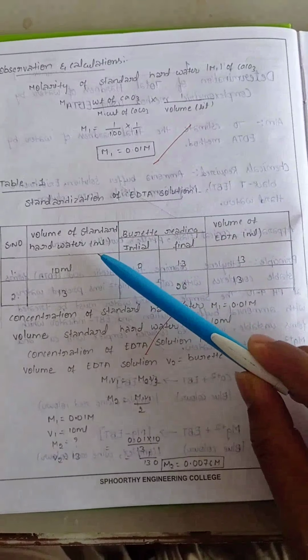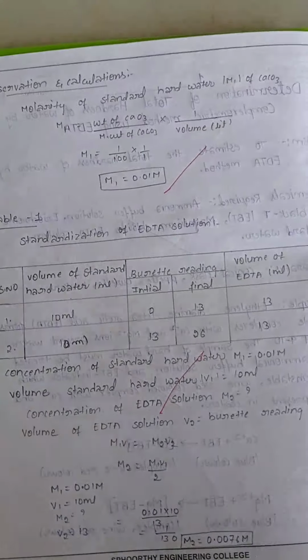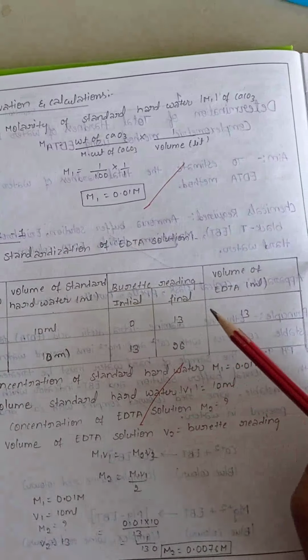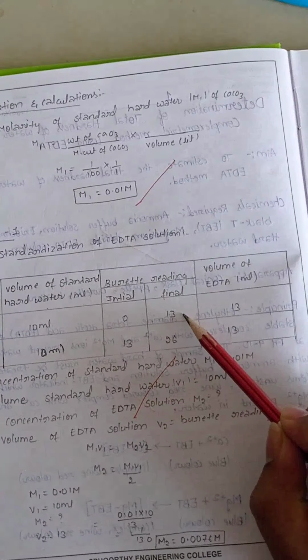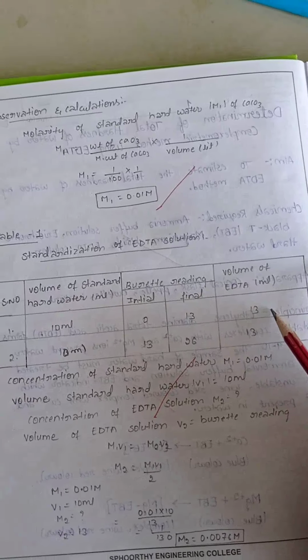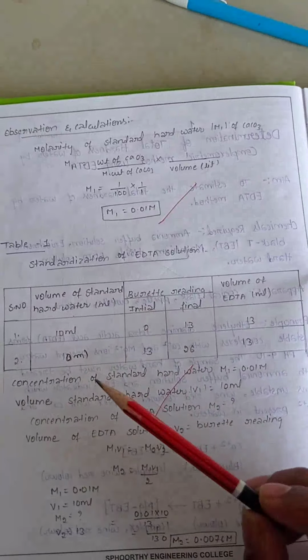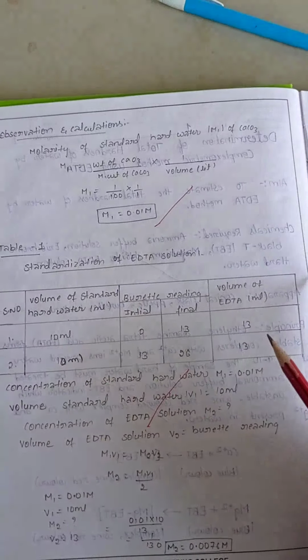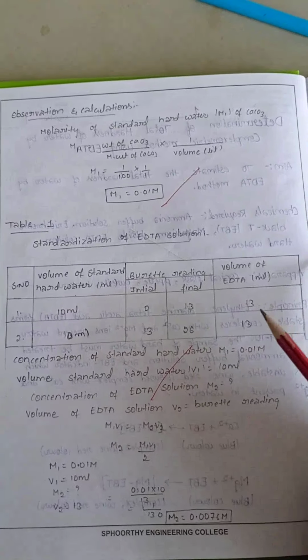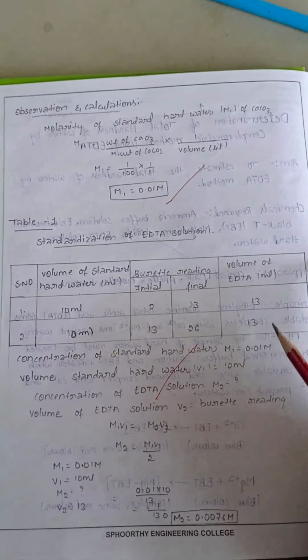There we used 10 ml of standard hard water, which required 13 ml of EDTA from the burette. So the volume of EDTA is considered as 13 ml. In the same way it is repeated a second time, and the burette reading again shows 13 ml. As we get the same value two times, the EDTA volume is considered as 13 ml.